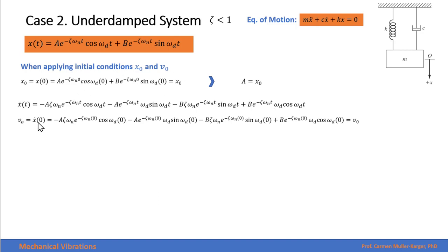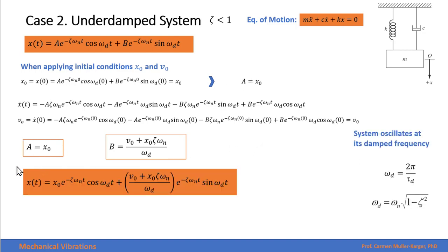And then we substitute time equals 0, and then we can find B with these equations right here because we already have A. Therefore, the system responds according to this expression right here, where remember that omega d is a function of omega n as omega n square root of 1 minus zeta squared. And as you see, the system oscillates not at the natural frequency but at the damped frequency.